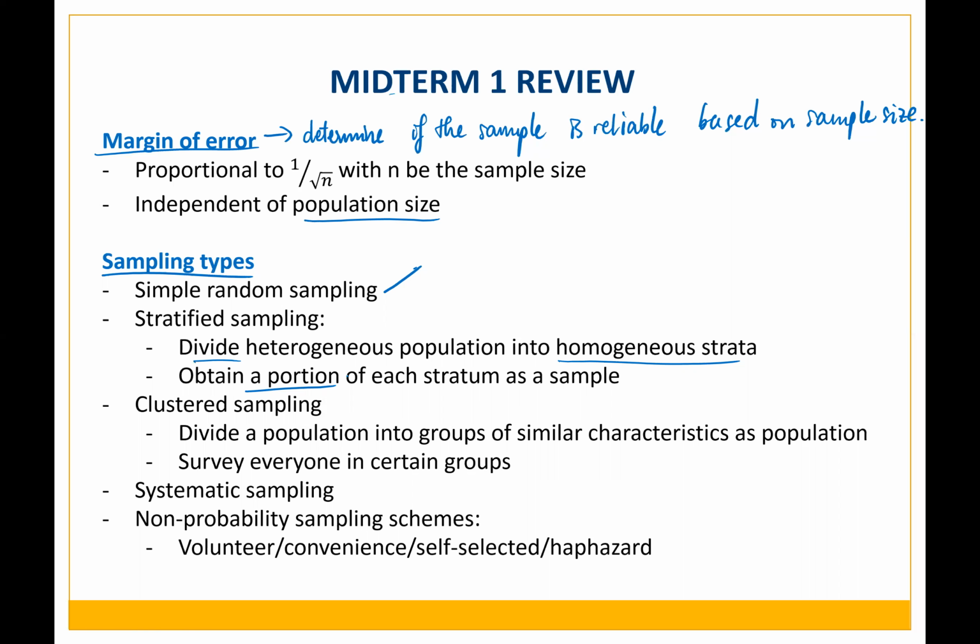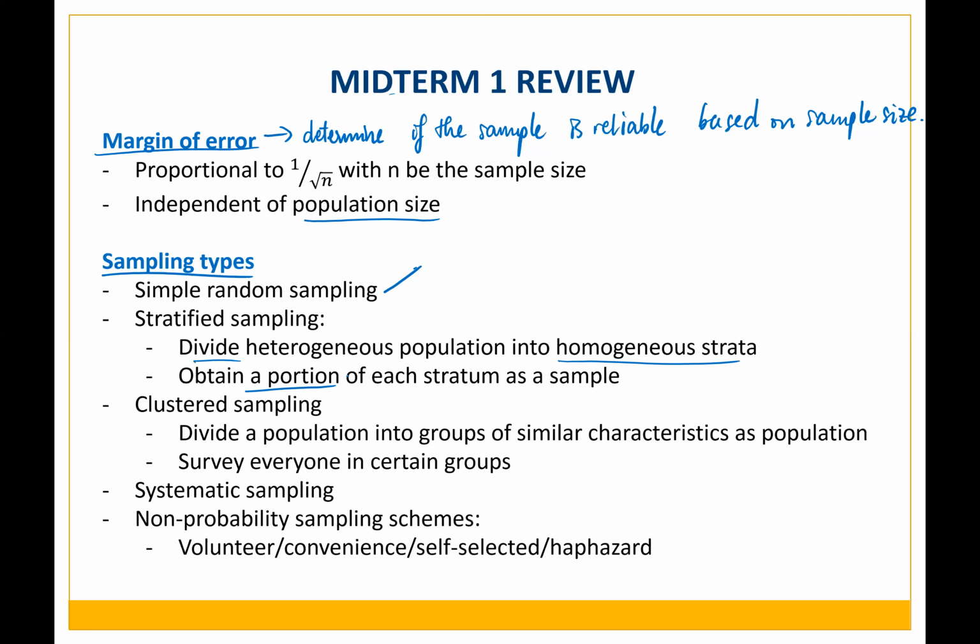Then we have systematic sampling, kind of like simple. Say you pick someone based on a rule, like pick one every 10 people on that list. And then finally, we have non-probability sampling schemes. So these are the ones that we don't usually use because they tend to have some bias and low reliability.